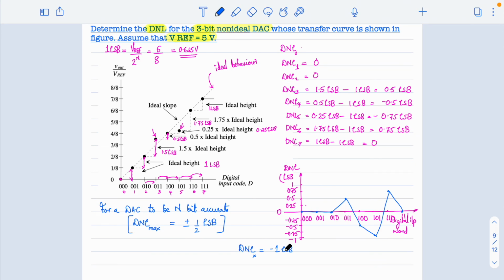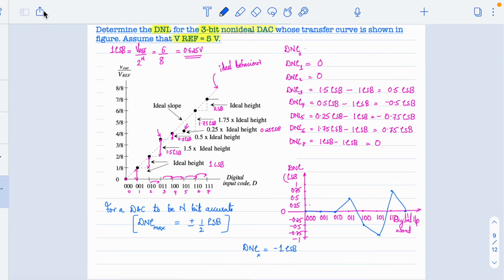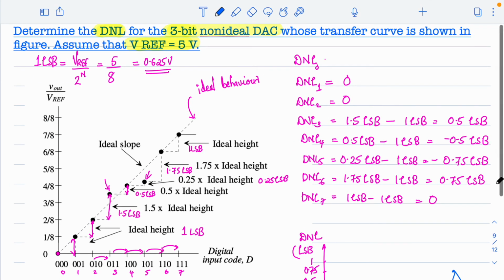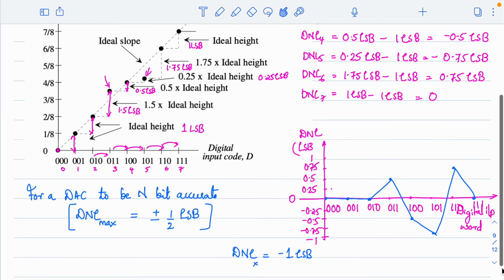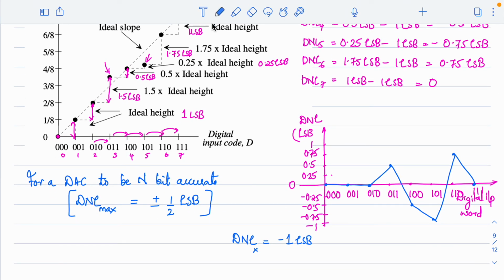So look at this, no? Your DNL will be -1 LSB when your actual increment is 0. When there is no actual increment, you will get a DNL value of -1 LSB, right? So let me write it here. When you compute DNL for any bits, the actual is 0, then when we subtract from your 1 LSB value, you will get your DNL value as -1 LSB, right?